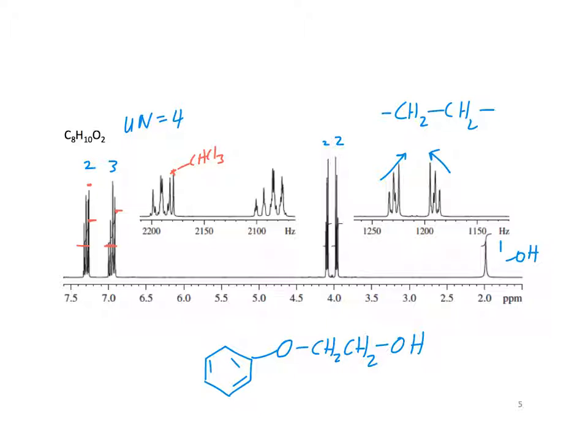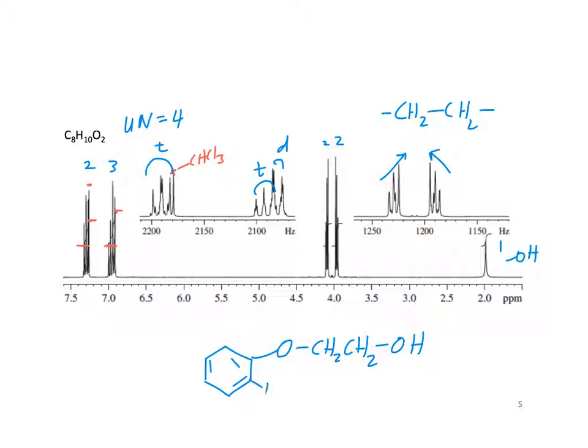But if we ignore the real small stuff, we can get signals near what we would want. Not including the solvent, this looks kind of like a triplet, then a doublet here, and then a triplet here that's overlapping with the doublet.